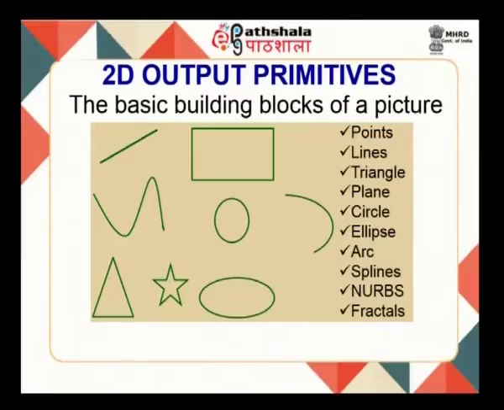Some of the primitives are listed here, as you can see. One is points, the fundamental primitive, followed by lines, the triangle, the planes, the circles, the ellipse, the arcs, splines, NURBS, fractals, and there are many more such primitives. You can think that a picture can be made up of a combination of these basic primitives.